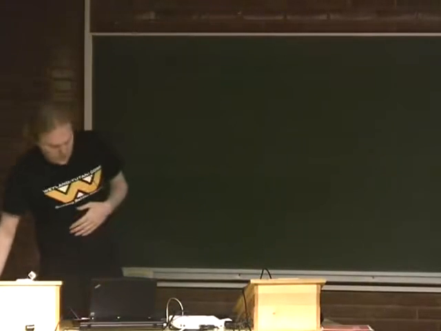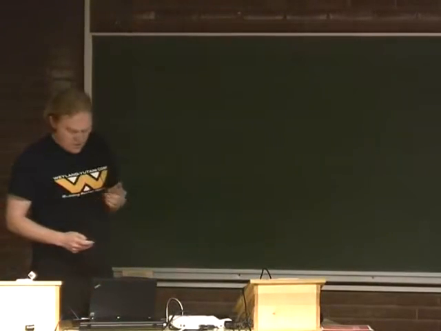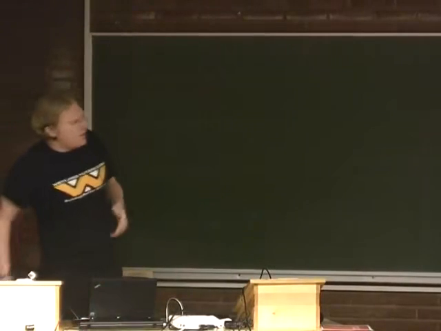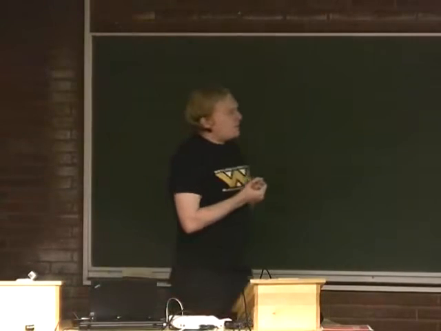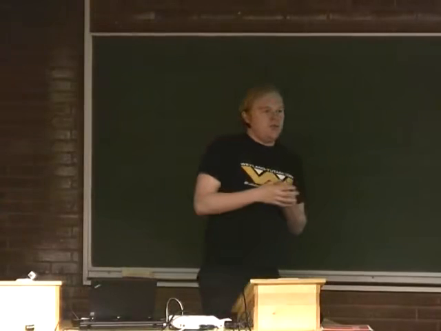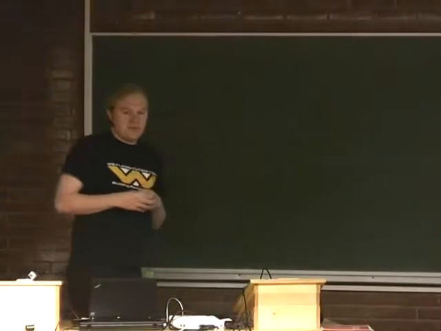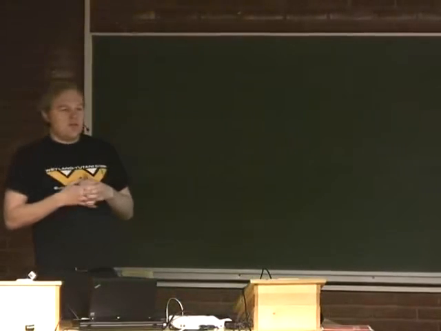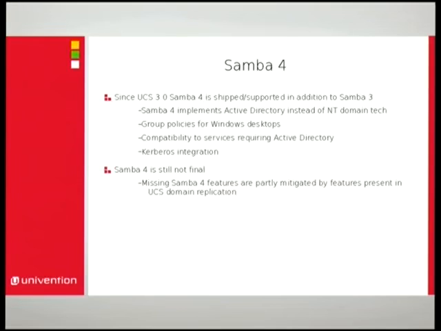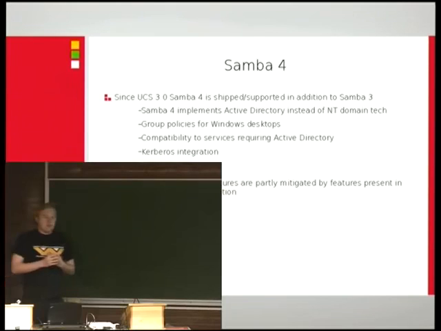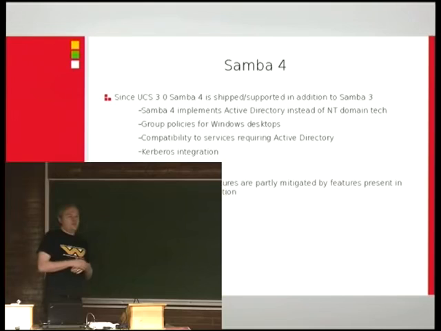Another technology I'd like to talk about, because it's not that common to have it included in a support setup so far, is our integration of Samba 4. Samba 4 is available in UCS since more or less a month with the release of UCS 3.0.